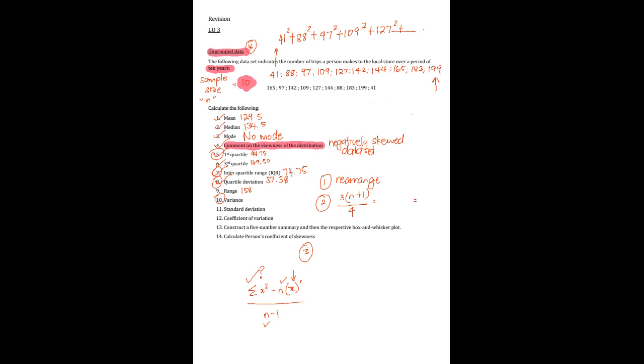So let's substitute into this formula the sum of x squared, and I'm just going to write it down for you. It means that it's 41 squared, this bit that I had written at the top, so 41 squared plus 88 squared plus 97 squared and so on. This is giving you a total of 188,059.